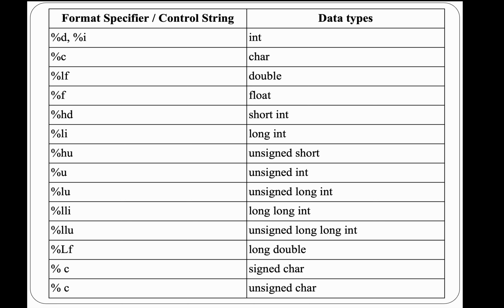So that's why I made a separate video on what all the format specifiers or control strings are available in a C program according to the data types. Okay, for example, for integer we know the percentage d, which is the most popularly used format specifier in a printf statement or a scanf statement.